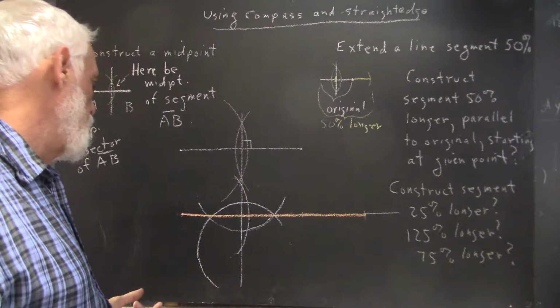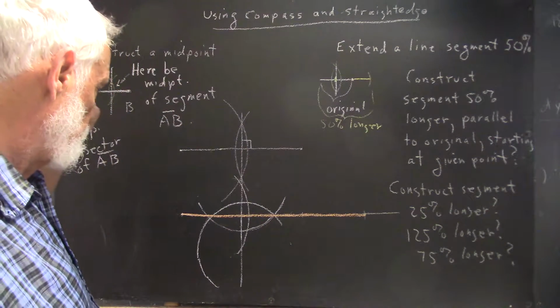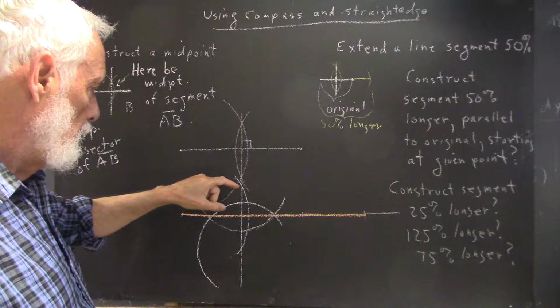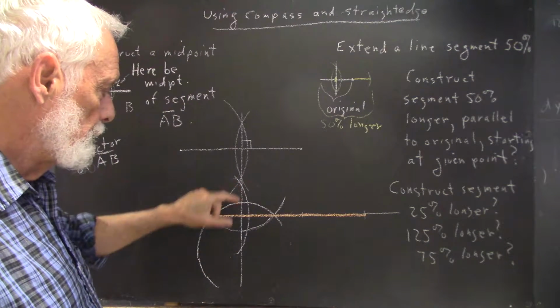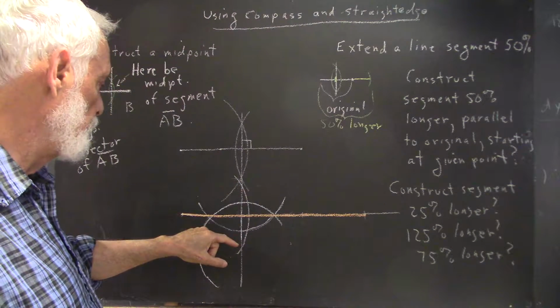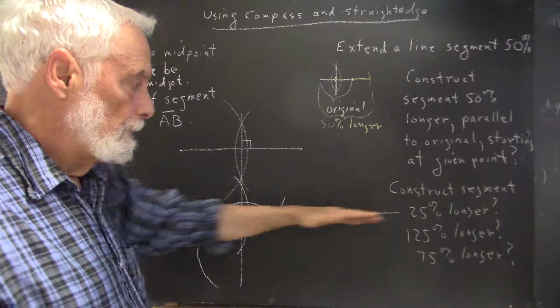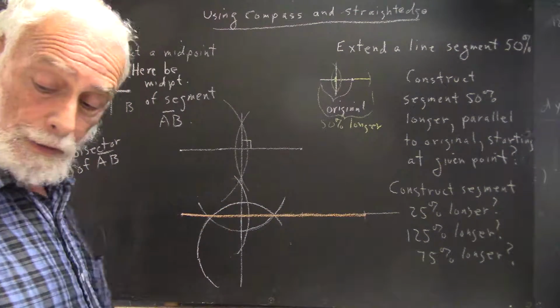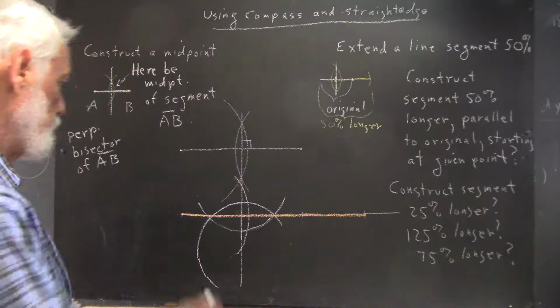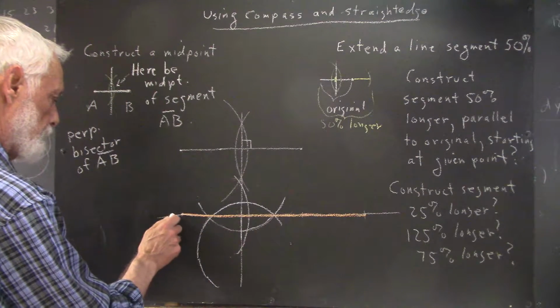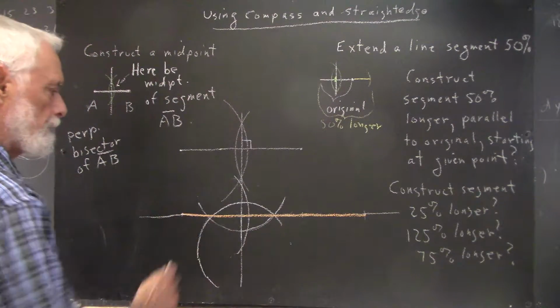So we take the bisector, the perpendicular bisector of these 2 lines, and we draw an extended perpendicular bisector. Okay, and as I drew it, it stops at this point, but it could have gone beyond this point.